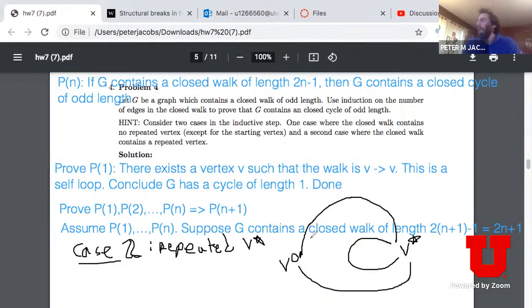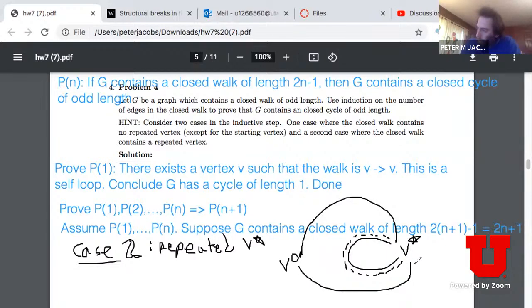So the idea is the following. In here, this piece, that's a walk. It's a closed walk because it starts at V star and it ends at V star.